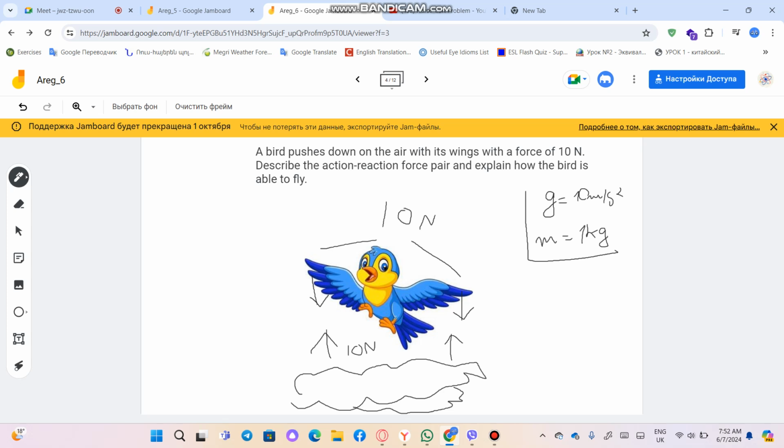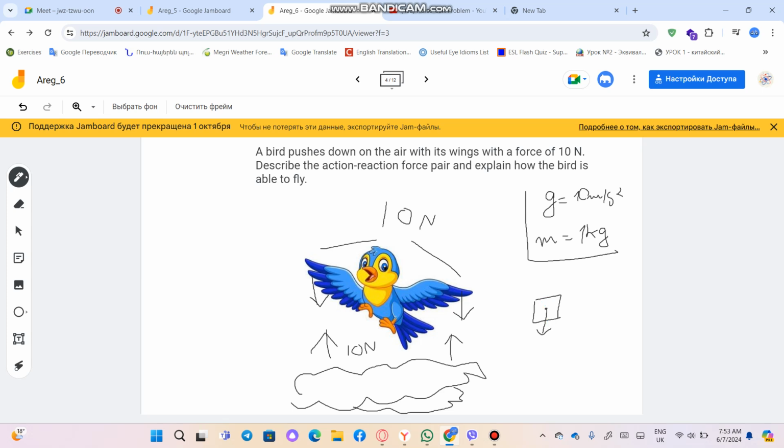Mm, so now, okay, let's assume this rectangle that I drew here is our bird. Can you show the forces acting on it, downward and upward? Yeah, so we have gravitational force.